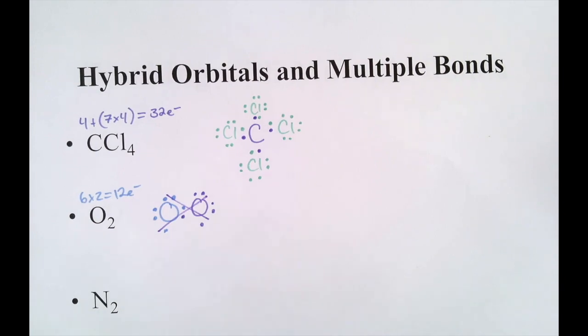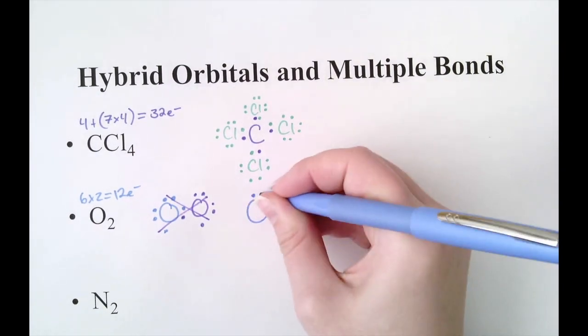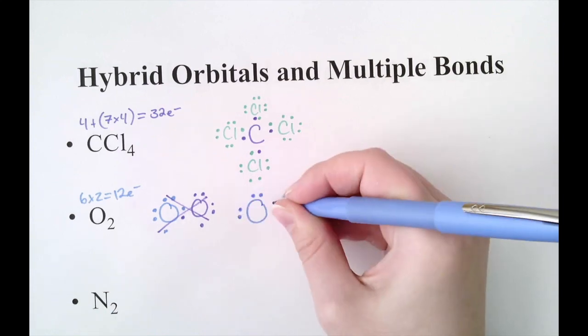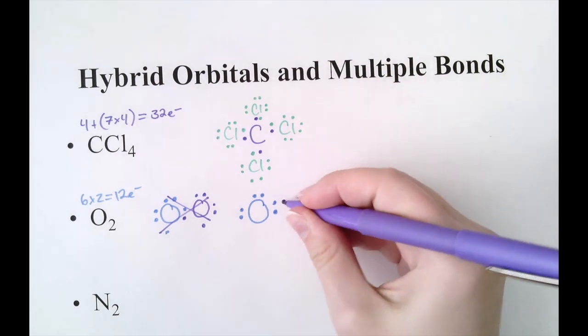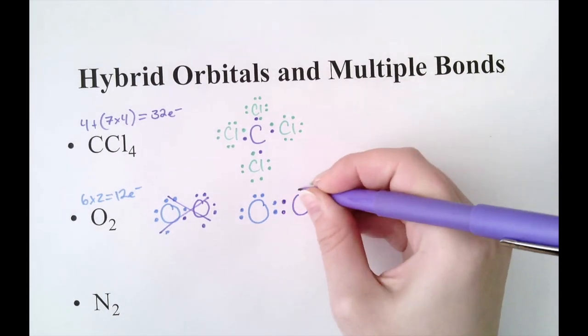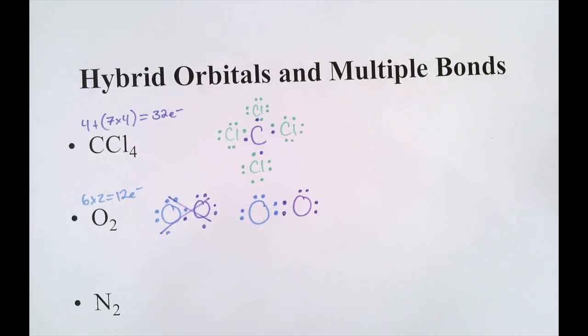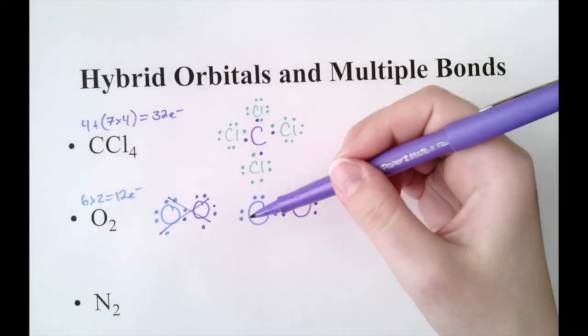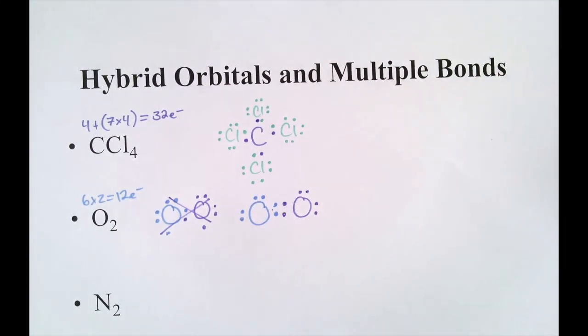So our dot structure isn't going to look like this, but actually the dot structure will look like this. Now, if we count it up, each oxygen has 2, 4, 6, 8 valence electrons, just like they wanted. And in fact, when 2 pairs of electrons are being shared, we call this a double bond.